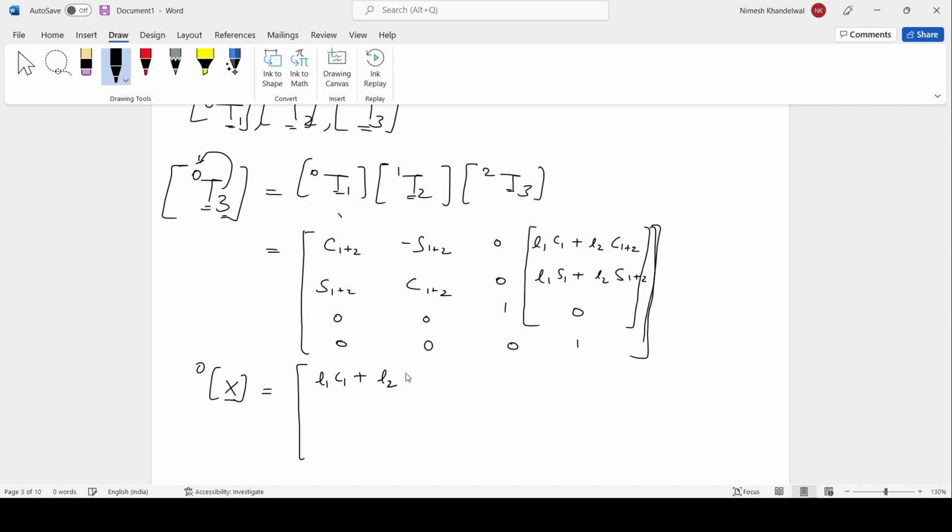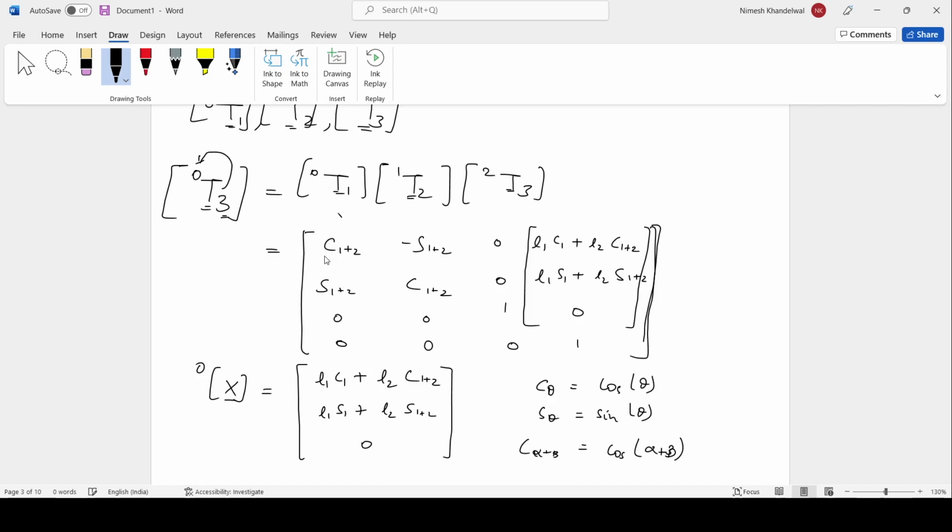plus L2 C 1 plus 2, L1 S1 plus L2 S 1 plus 2, 0. Oh, and about the abbreviation, C theta is just cos theta, S theta is just sine theta, and let's say C alpha plus beta is just cos alpha plus beta.